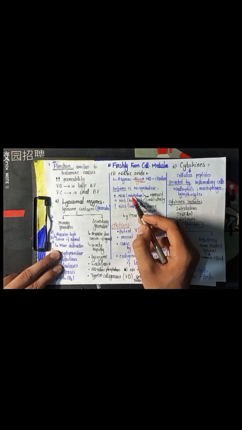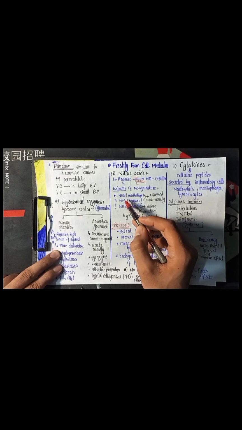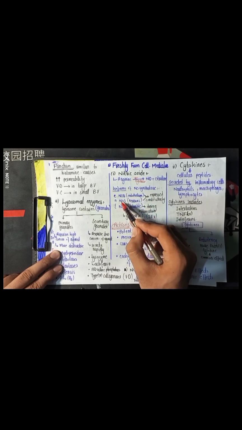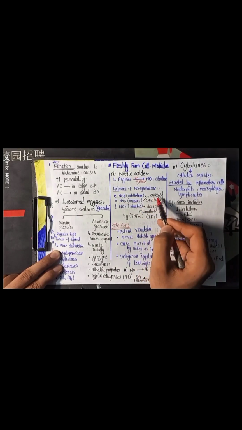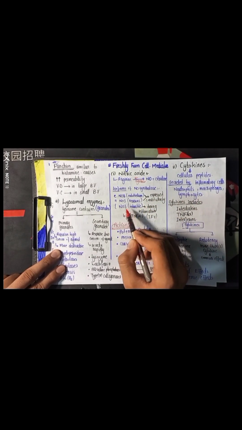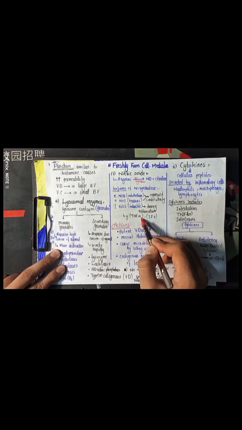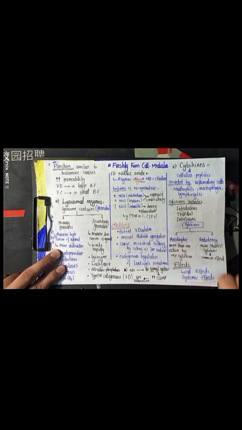E means they are found in the endothelium, and the N means they are found in the neuron. And these endothelial and neuronal nitric oxide synthase have constitutive property. They are released normally or physiologically in the body, whereas the inducible nitric oxide synthase enzyme is released during the process of the inflammation, and it is released in response to the tumor necrosis factor alpha and the interferon gamma.